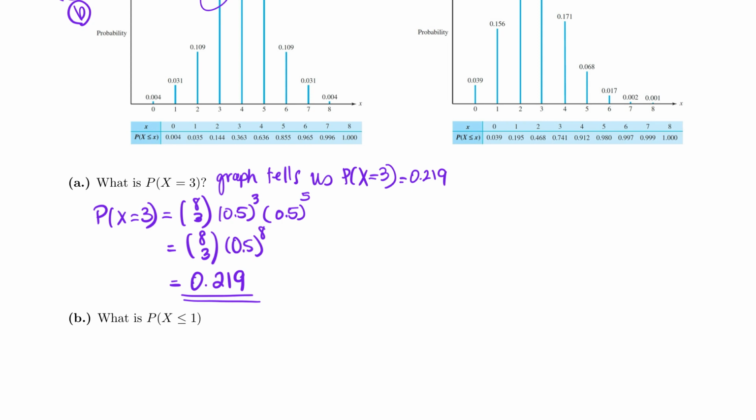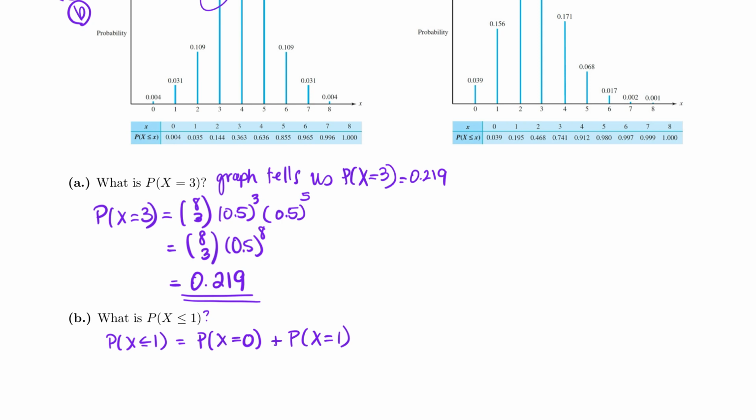This means the probability that our number of successes is less than or equal to 1 is the same as saying it's the probability that we have no successes, or, which means addition, we will add the probability that x is equal to 1 success. Those are the only ways for us to get less than or equal to 1 success. Either we can do 0 successes or we can do 1 success.